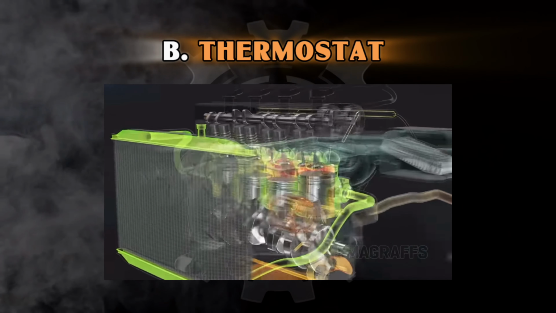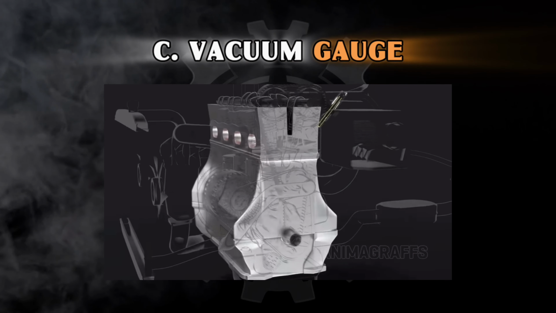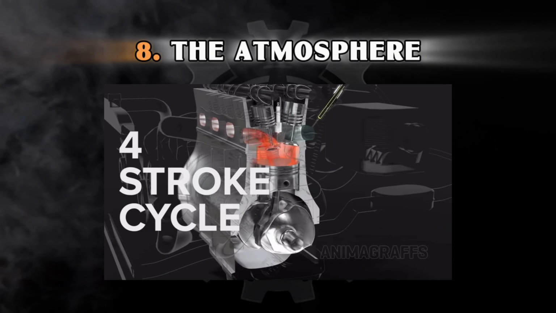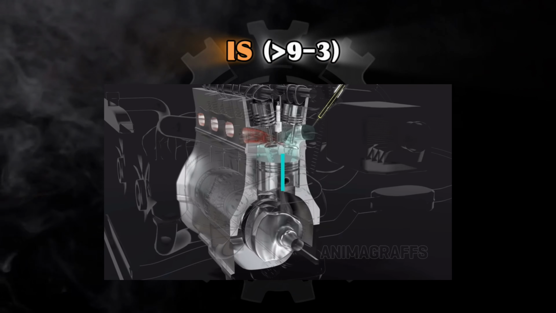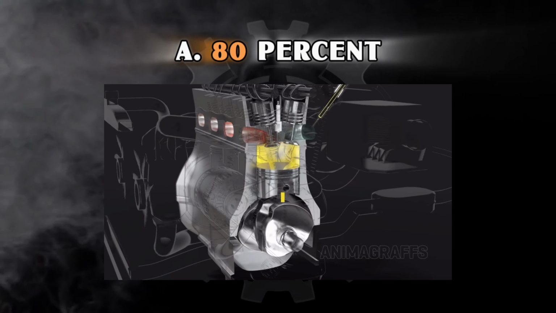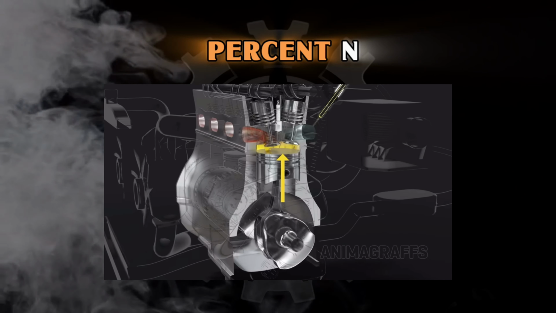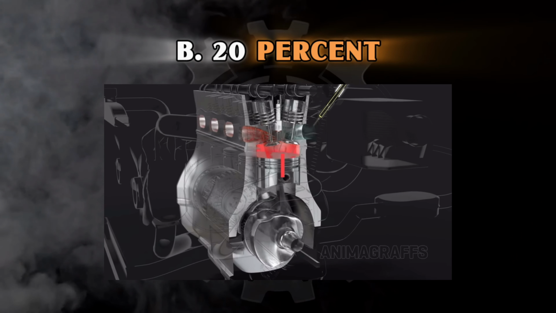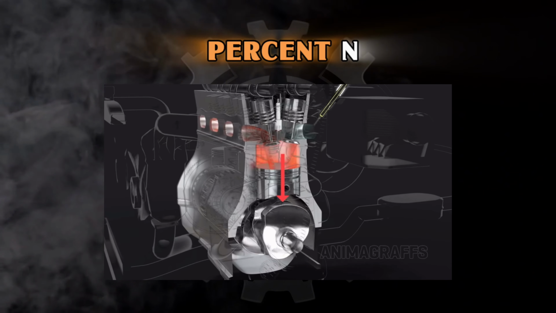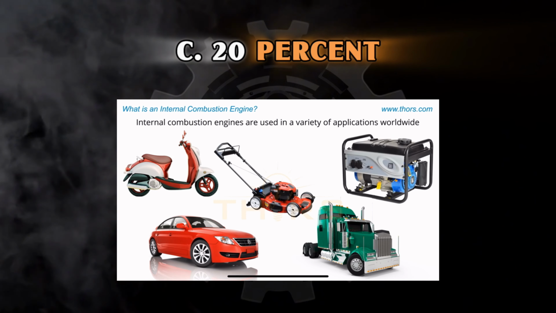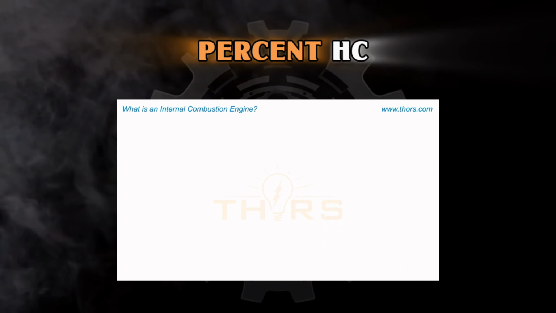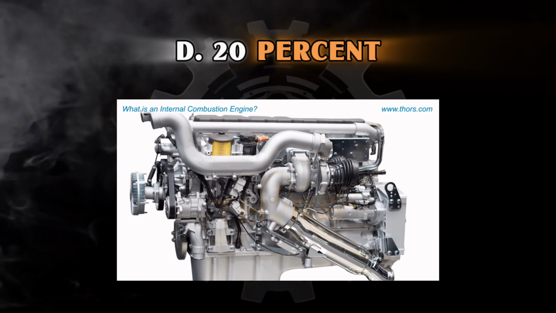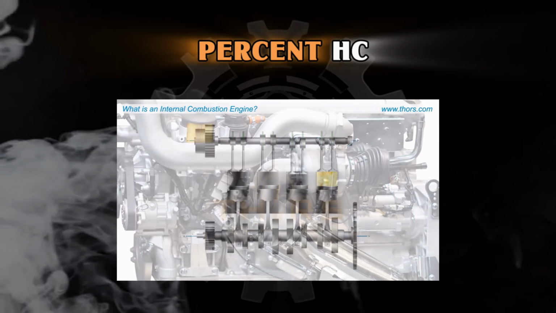B. Thermostat. C. Vacuum gauge. D. Pressure gauge. 8. The atmosphere is A. 80% O and 20% N. B. 20% O and 80% N. C. 20% O and 80% HC. D. 20% N and 80% HC.